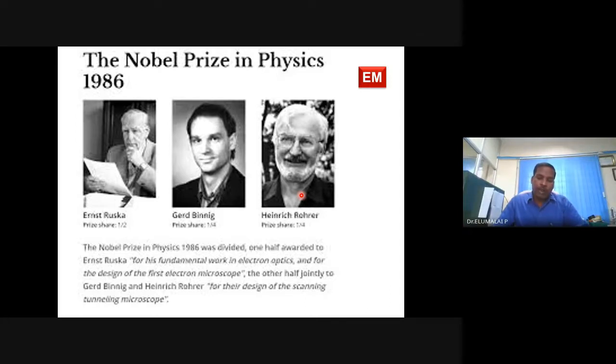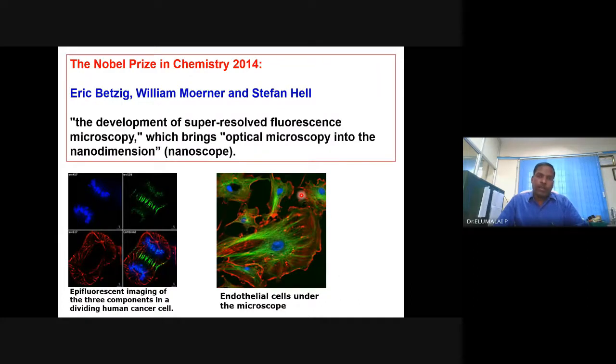Believe it or not, at least 3 or 4 Nobel Prizes were given so far exclusively for the development of the microscope. Not necessarily the electron microscope. It all started with the electron being able to be modulated, to be influenced by the magnetic field. Then it eventually led to the invention or discovery of the electron microscope.